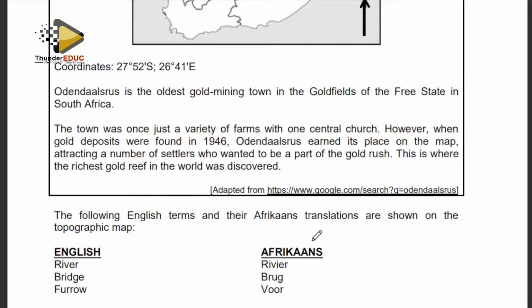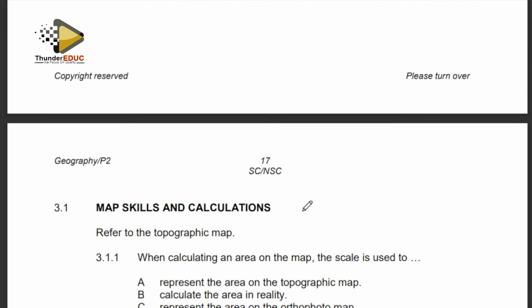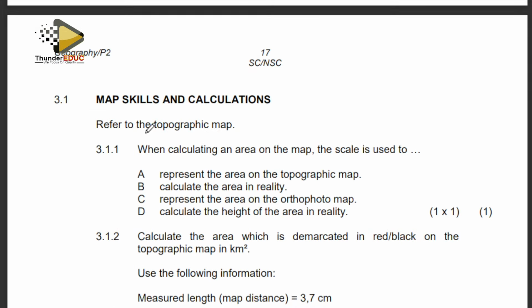Okay. We quickly go to the questions. I will open the map and we'll look at the question. We are going to start with the map skills and calculations. They say refer to the topographic map. So learners, before you start even looking at the questions that are asked, you start by looking at the kind of map that you are asked to refer to.